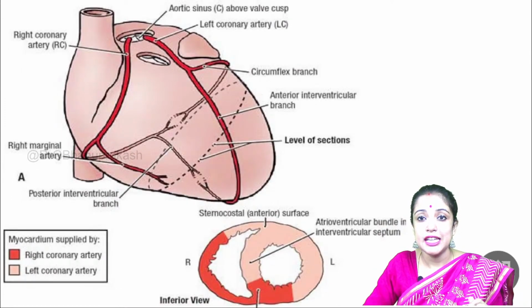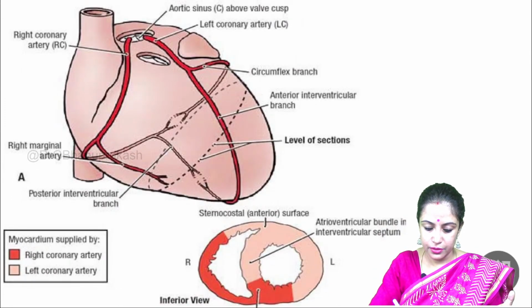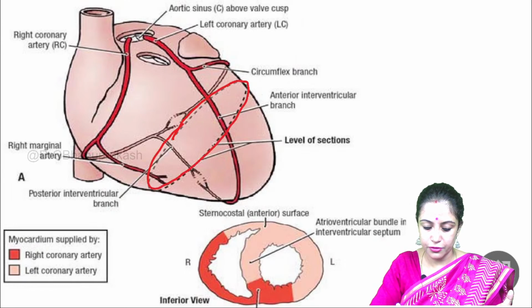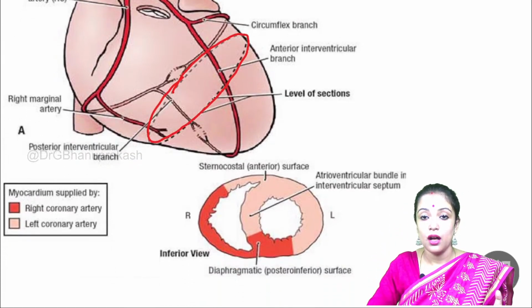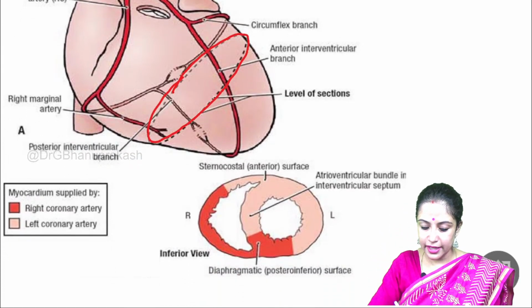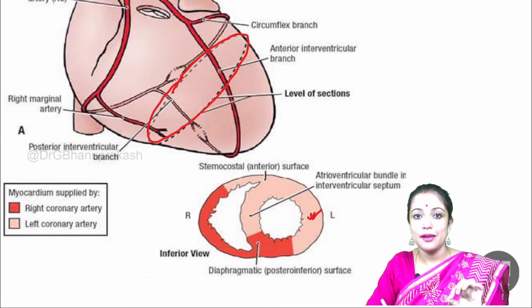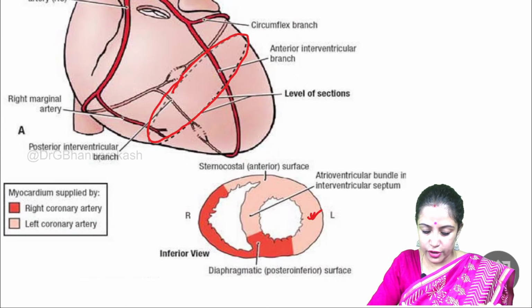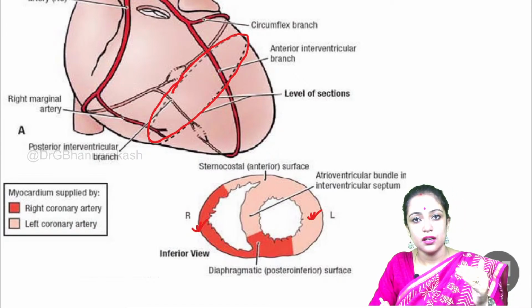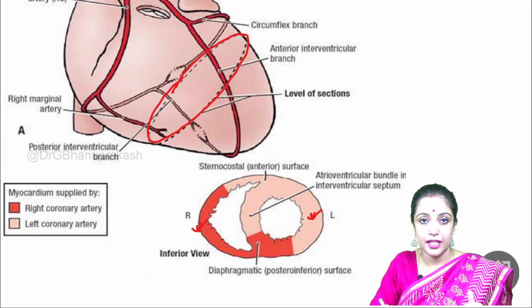Now, if we take a cut section of the heart and look from the inferior aspect, then we can see that the light color is the supply by the left coronary artery, and the orange color is the blood supply by the right coronary artery.